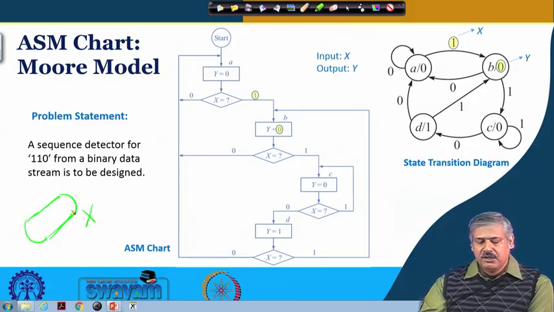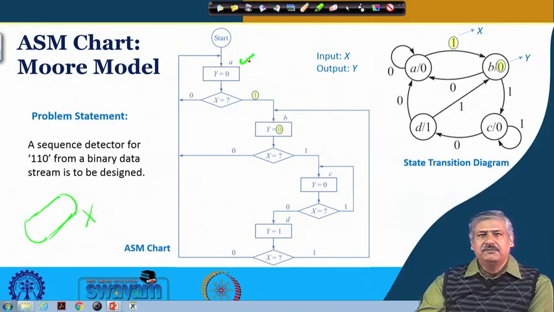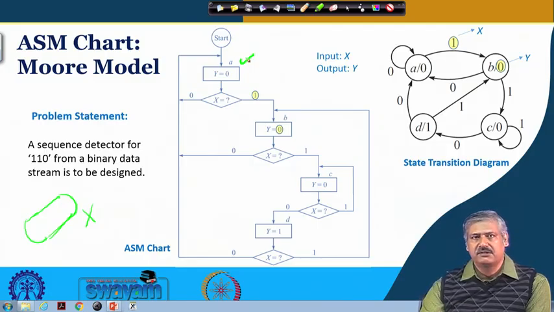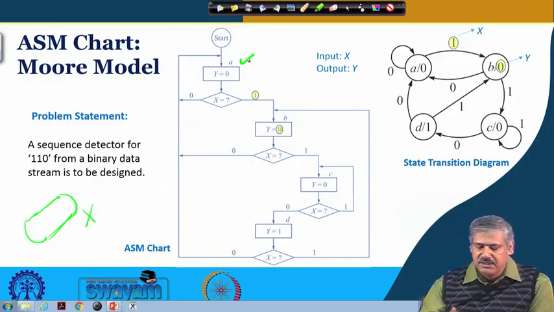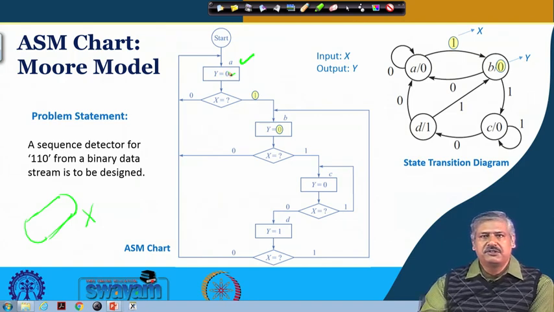So, initialized with state A, that is no bit is properly detected. The state definition remains the same as in the previous discussion. So, it is state A, and at that time output is 0, since no bit is properly detected.